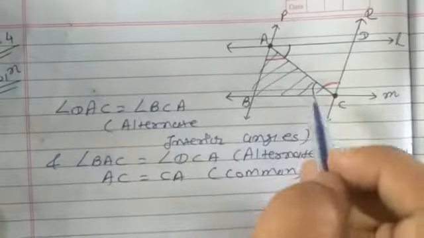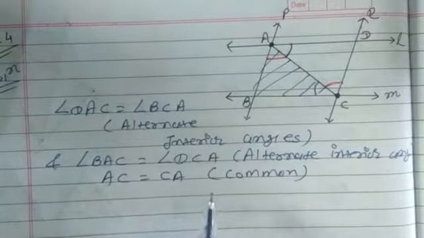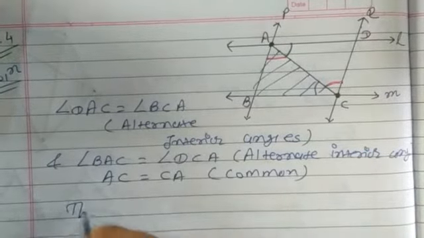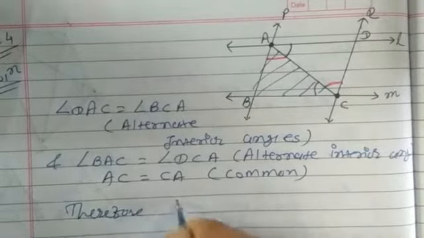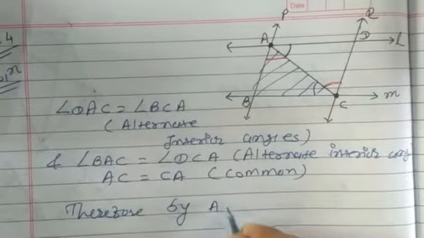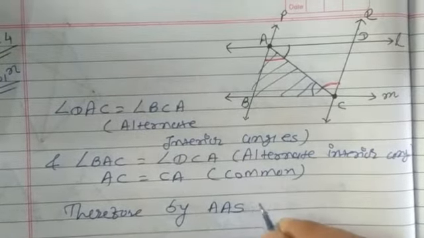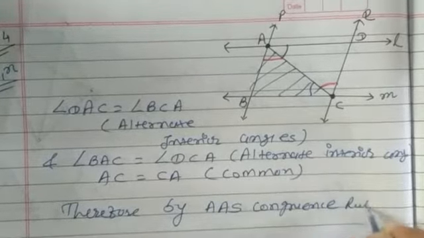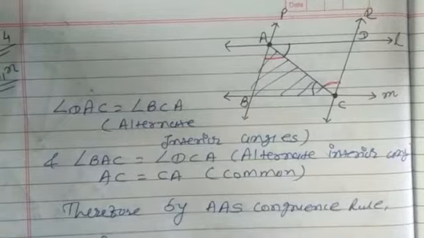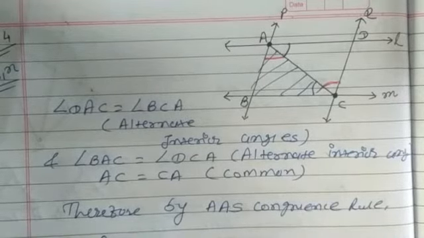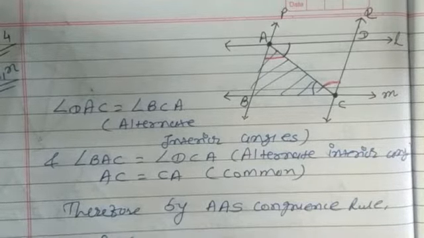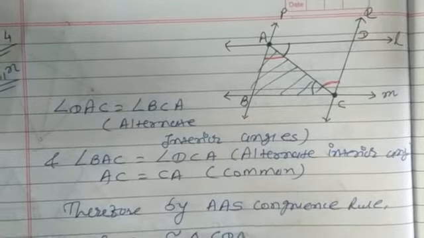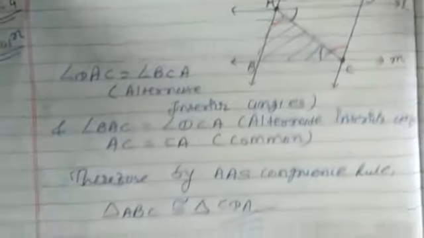If two angles and one side are equal, then we can say that both triangles are congruent. Therefore, by the angle side congruence rule, we can say that triangle ABC is congruent to triangle CDA. So this is our proof.